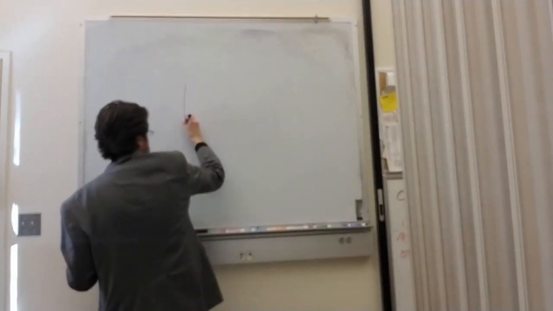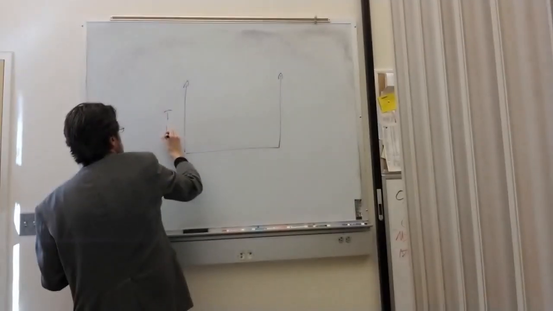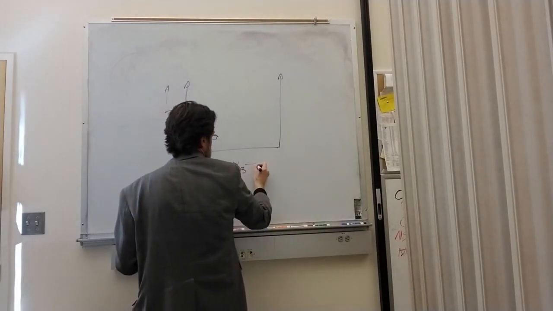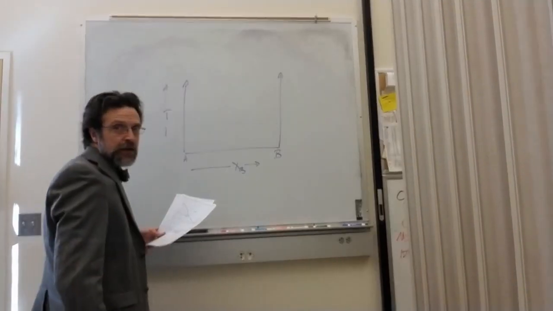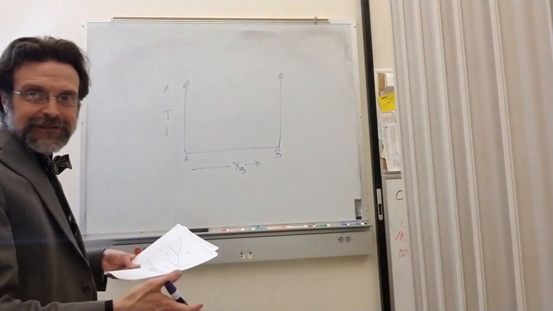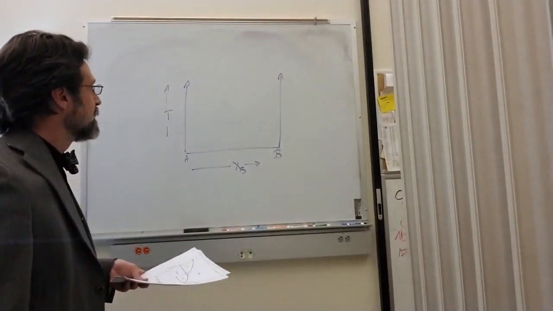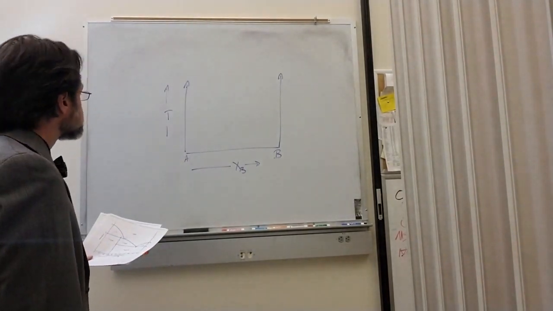So again, we have temperature on the y-axis. We have composition on the x, going from A to B, treating it as an ideal, two-component A and B elements, or A and B constituents phase diagram.